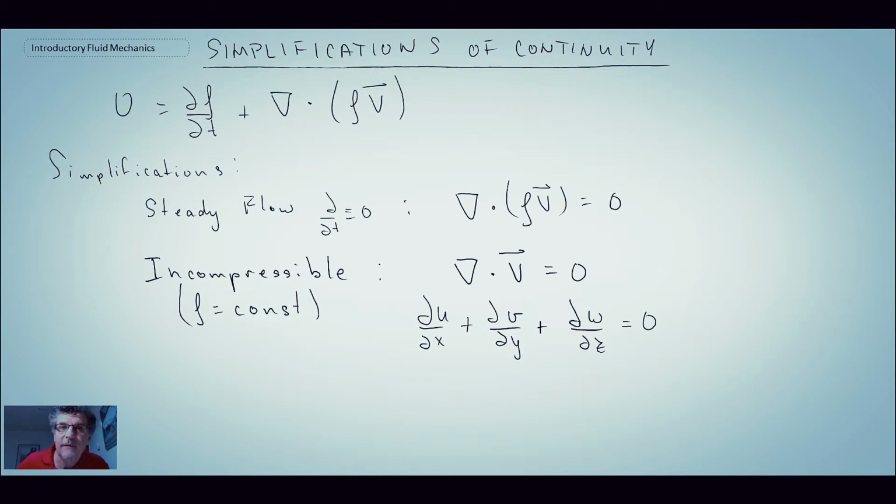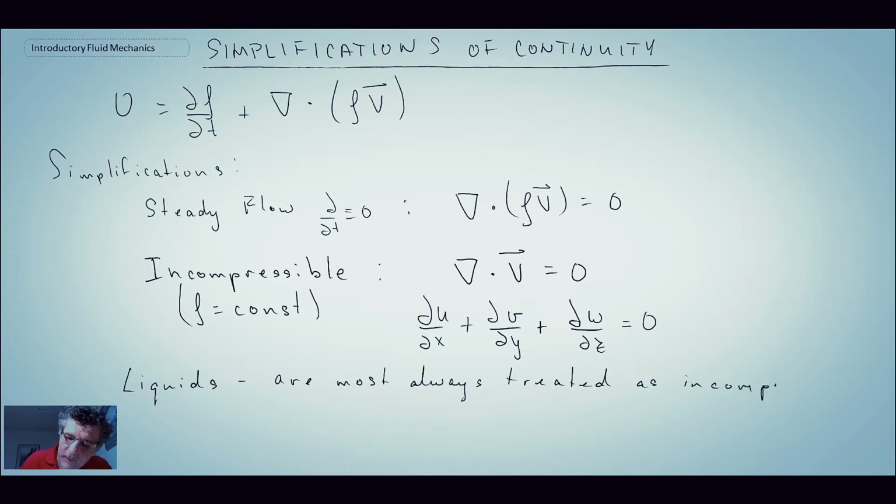Now, in the case of liquids, for the most part in fluid mechanics we view them as being incompressible. And in the case of gases, they're incompressible for velocities less than a Mach number of 0.3.